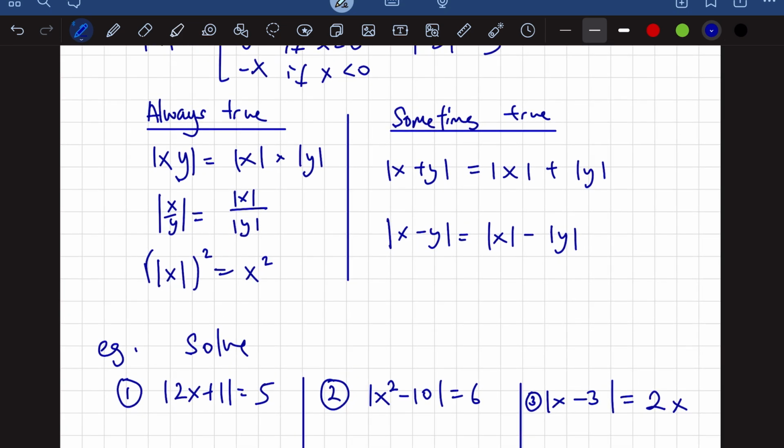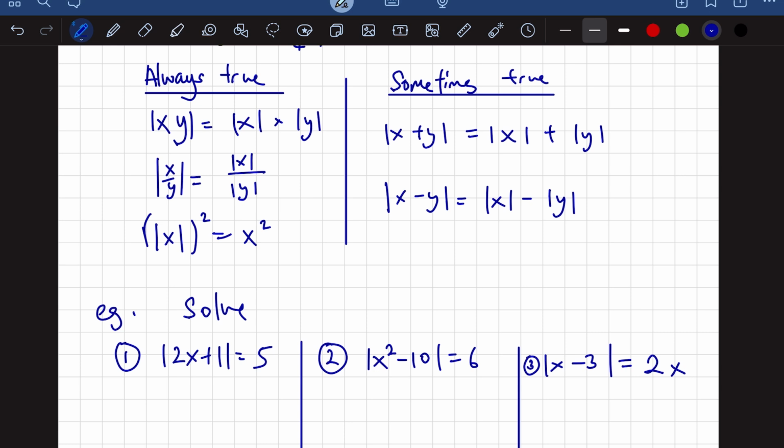Now, some key absolute value rules that you need to understand. If we multiply two variables together and we want to find the modulus of it, it will be the same as modulus x times modulus y. That will always be true. Next one is modulus of x over y, which is the same as modulus of x divided by modulus of y.